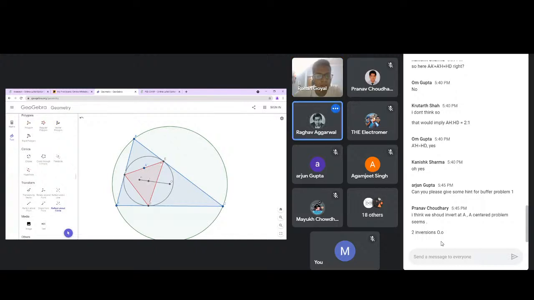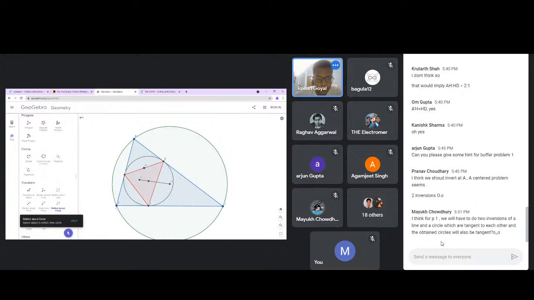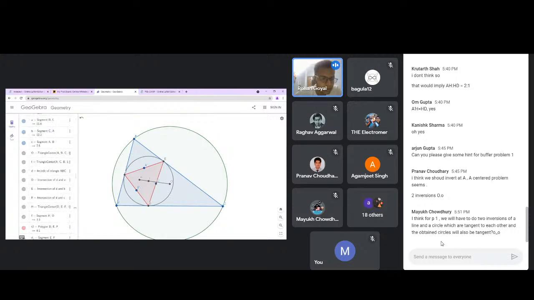Similarly, B goes to the midpoint of DF, and C goes to C'. Okay, good. And let me delete these extra points that I've generated.